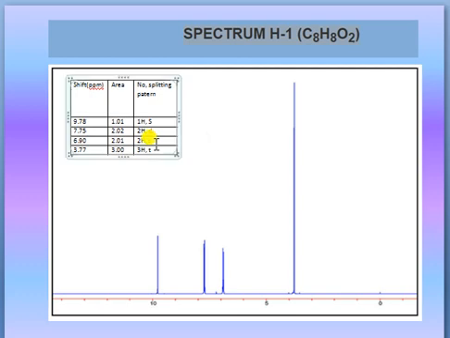So we have aromatic protons as two doublets, and there are no more aromatic protons. So definitely we can write the NMR like this.